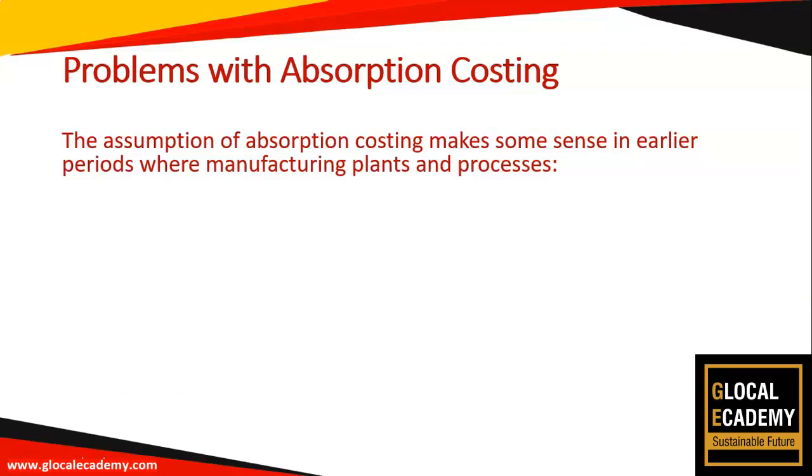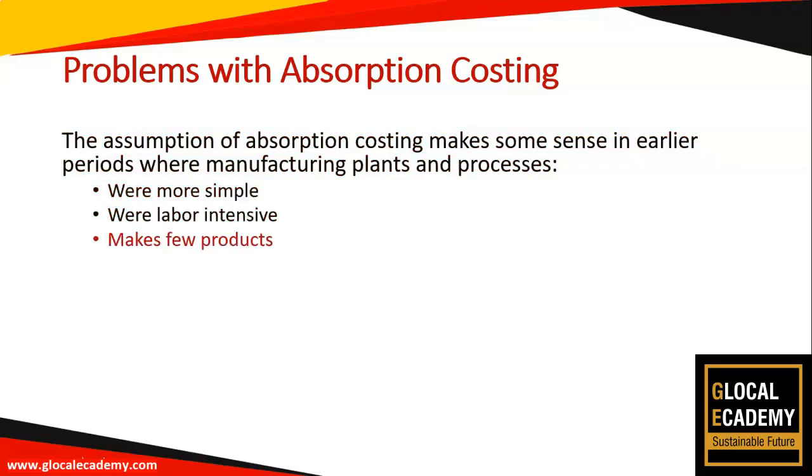The assumptions of absorption costing made some sense in earlier periods where manufacturing plants and processes were more simple, they were more labor intensive, and the companies were involved in making few products, and the proportion of overheads was relatively less than the direct material cost or the direct labor cost.